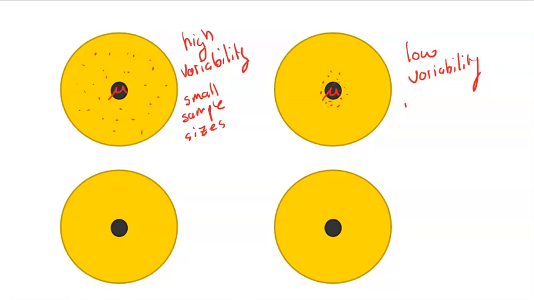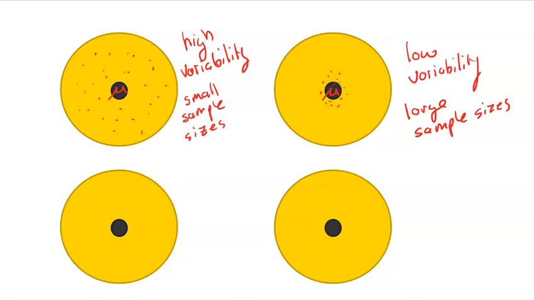And that's going to happen with large sample sizes. And that actually boils down to the law of large numbers. If your sample size is bigger, then you're more accurately going to reflect the truth. Smaller samples, it's not that they're bad, they're just going to create more variability.